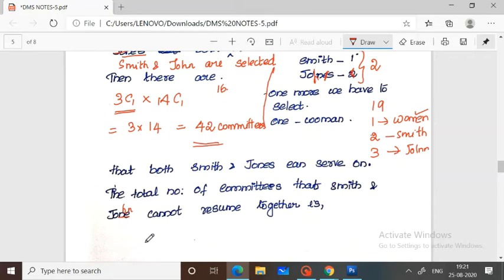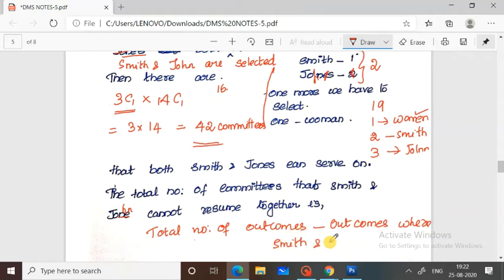The answer is total number of outcomes minus the outcomes where Smith and John can serve together.